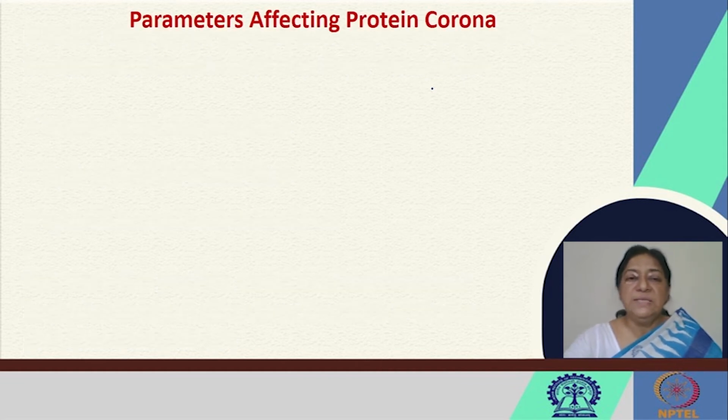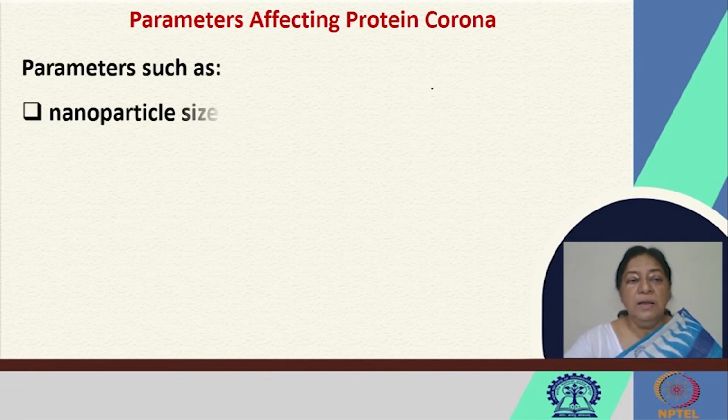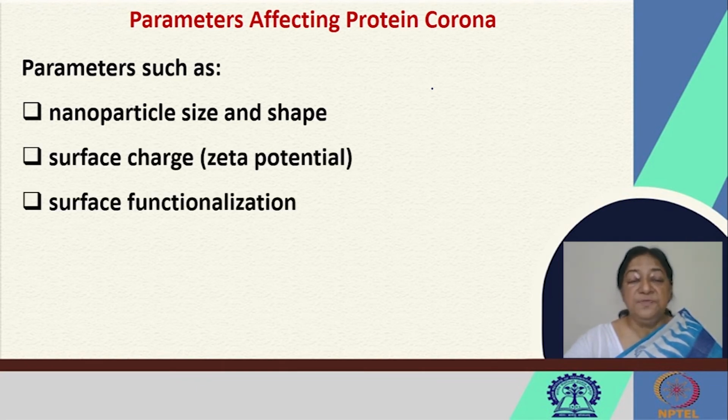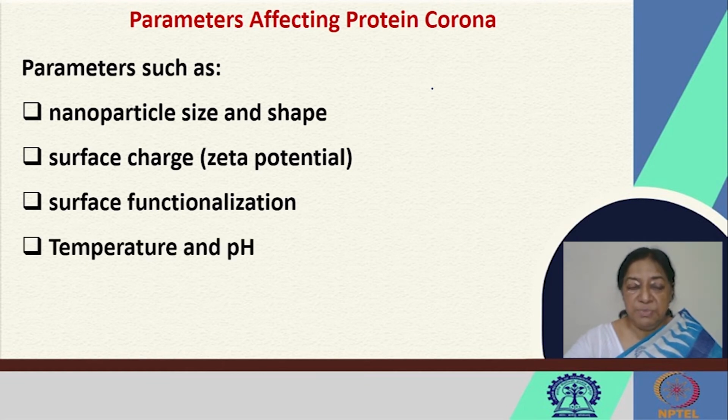So the parameters that can affect this protein corona are the nanoparticle size and shape, the surface charge, the surface functionalization, the temperature and the pH, because that in turn will affect the structure of the protein, and also the charge on the protein would be affected by changes in pH.